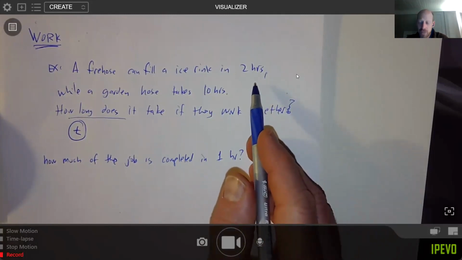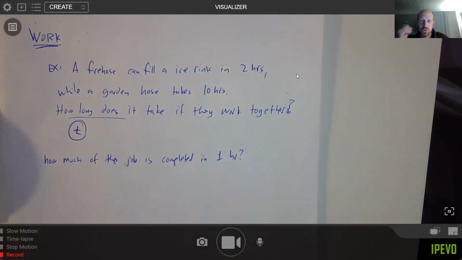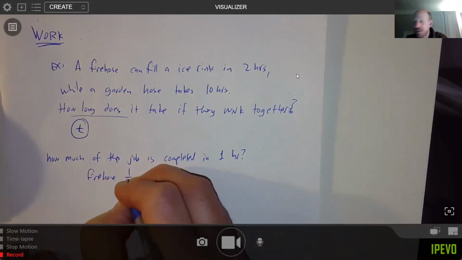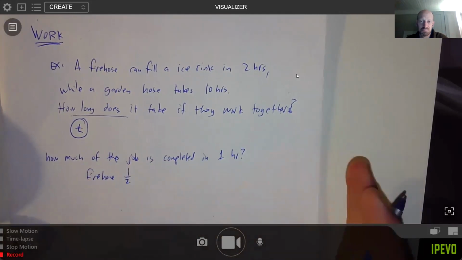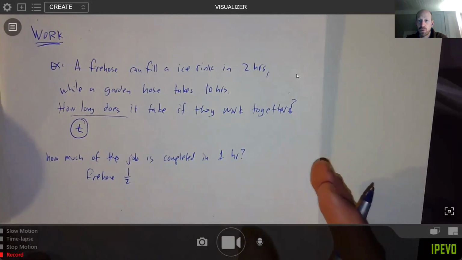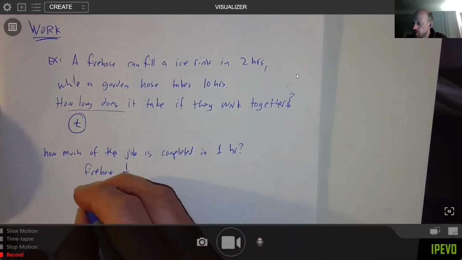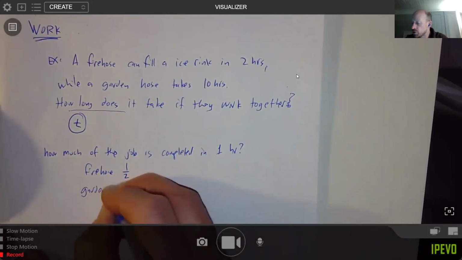The fire hose takes 2 hours to do the rink. So in 1 hour, the fire hose has done exactly half of the rink. So that's hopefully pretty clear. How much has the garden hose done?